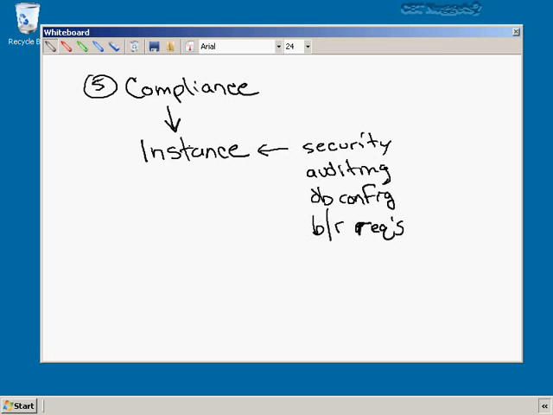So by getting all of your data that is affected by the compliance into a separate instance, you can configure just that instance to be compliant. Your auditors only have to look at that instance. And then any other databases that your organization uses that aren't affected by the compliance can be in a separate instance so that they don't have to share the same scrutiny and share the same configuration.